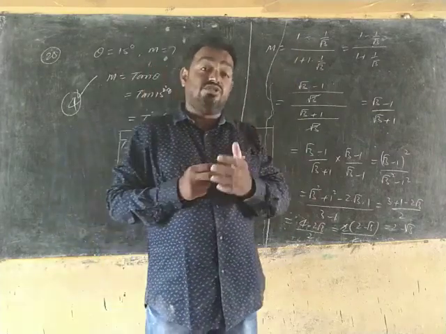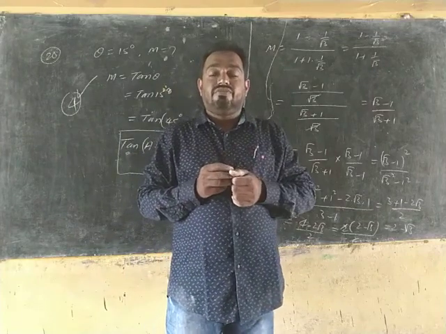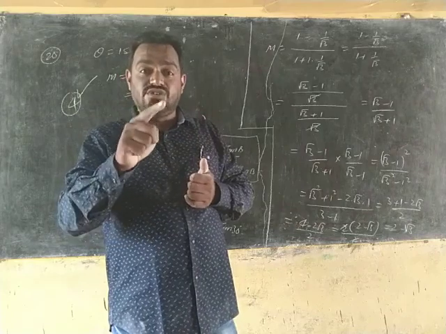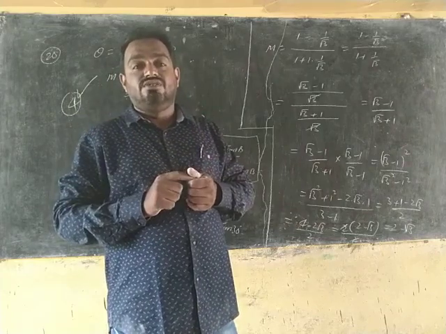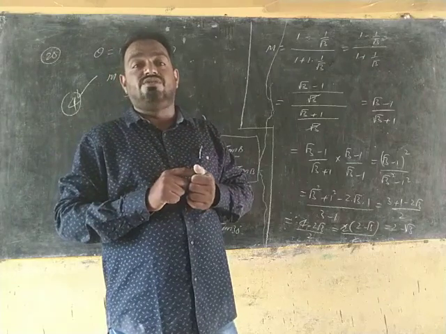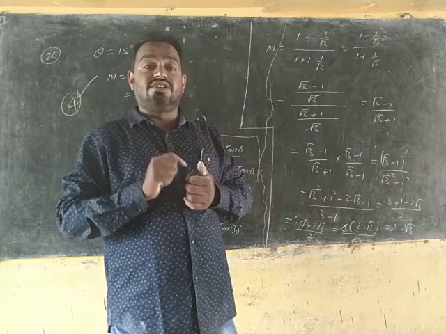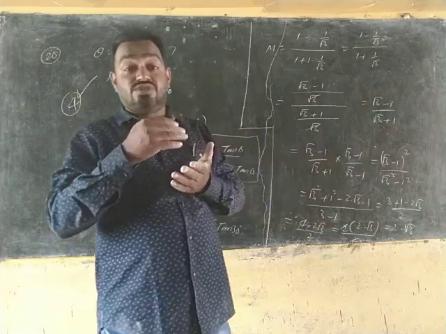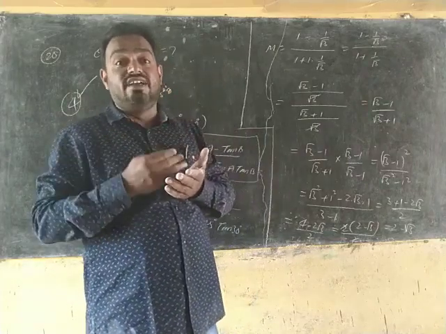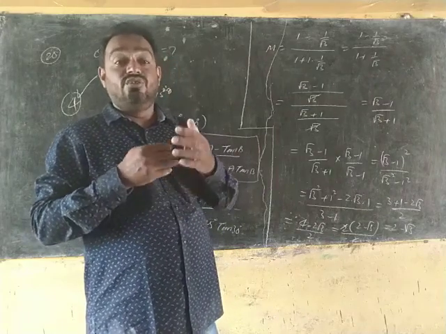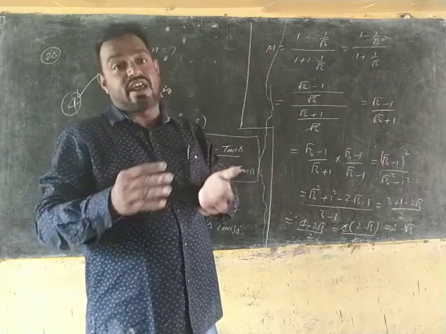But we need to solve within a minute: 60 questions, only 60 minutes of time. When you solve very fast and easily, you will attend all the questions. So you will develop speed. Now you are getting time.